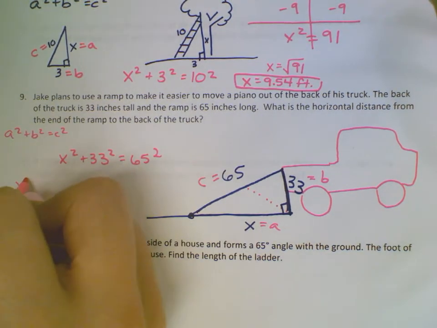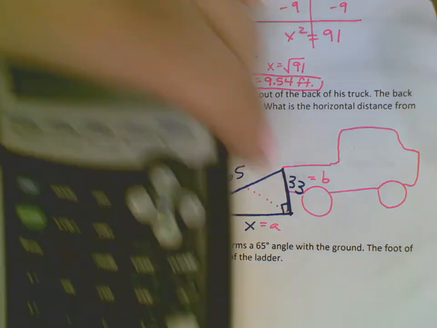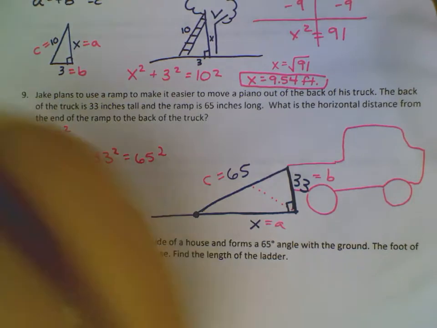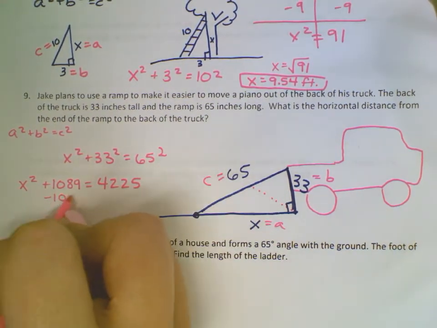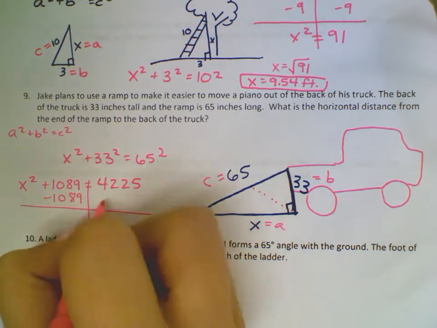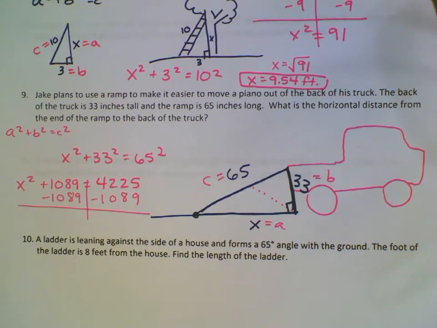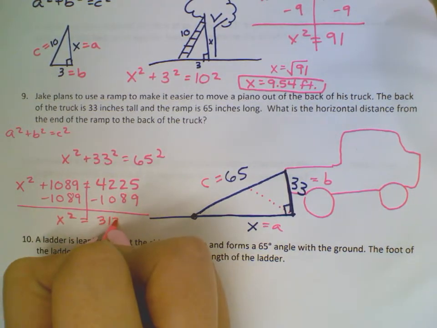So x squared plus 1089 equals 65 squared, which is 4225. Then I will subtract 1089 from both sides of my equation, which gives me x squared equals 3136.